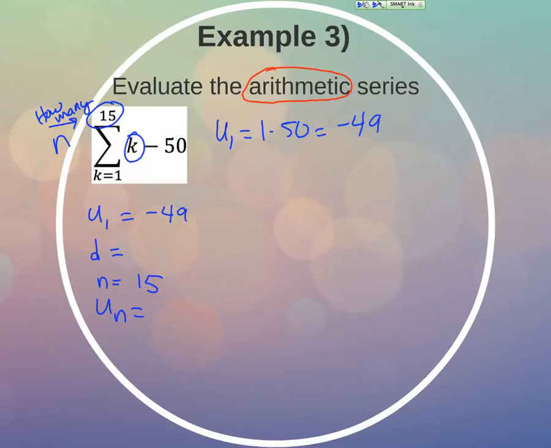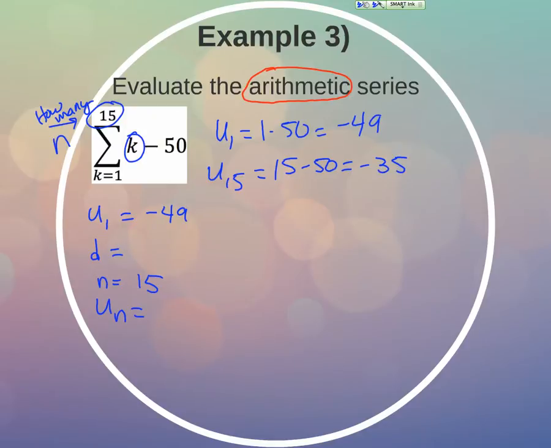Well, if I'm going to the first 15 terms, I can find the 15th term by plugging in 15 for k. So I can do 15 minus 50, which is negative 35.